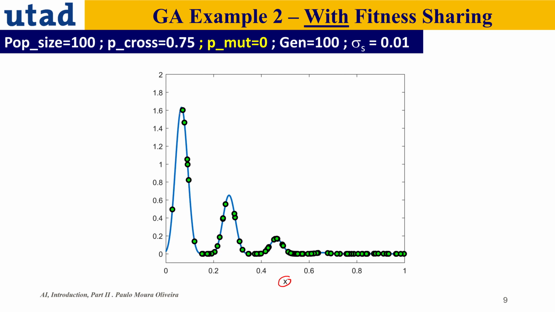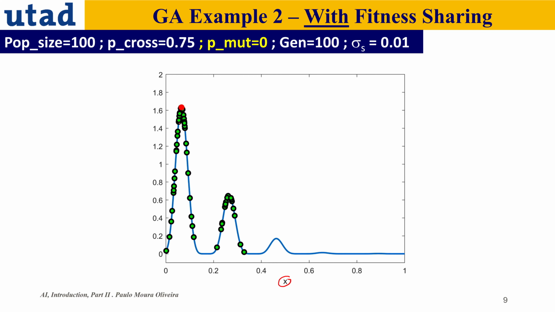This means that we want to penalize the elements in the same peak. So what is the result? As you can see here, there are elements exploring one peak and the other one. So we force the population to explore this second peak.